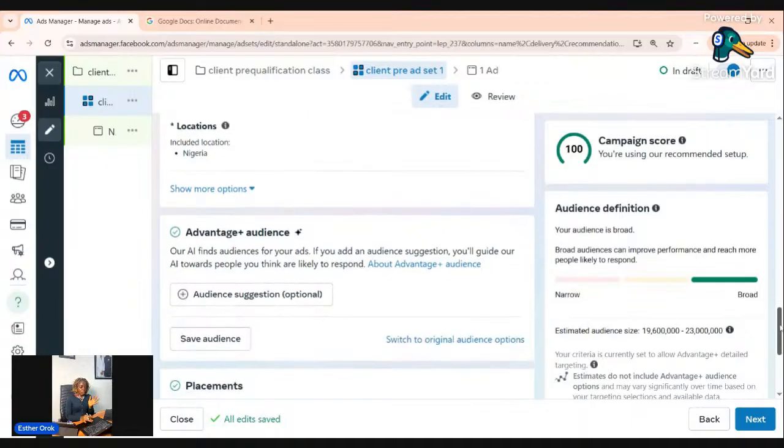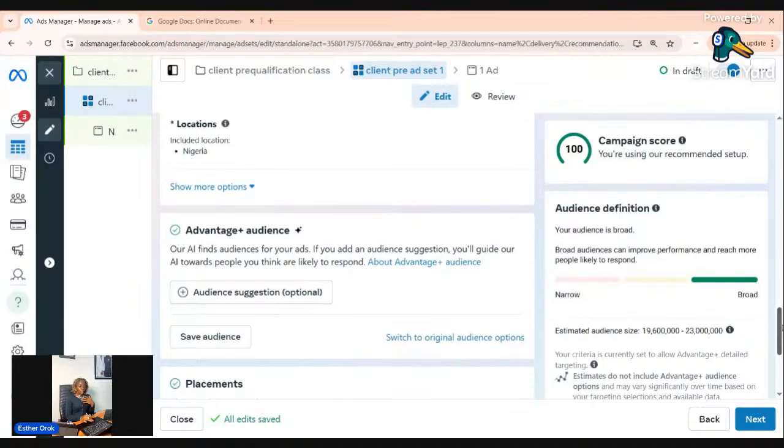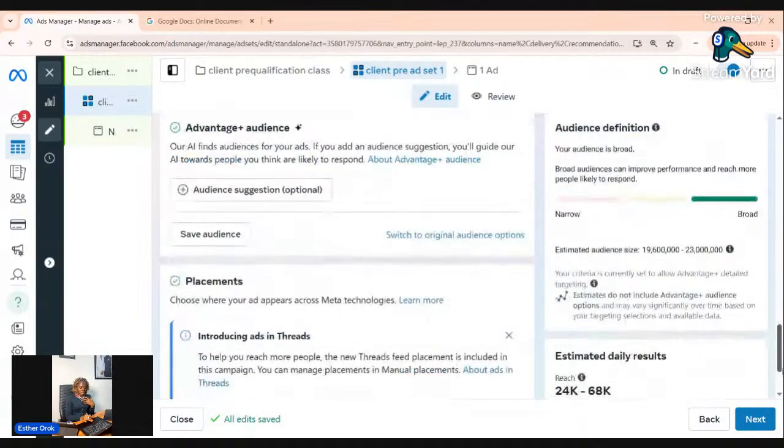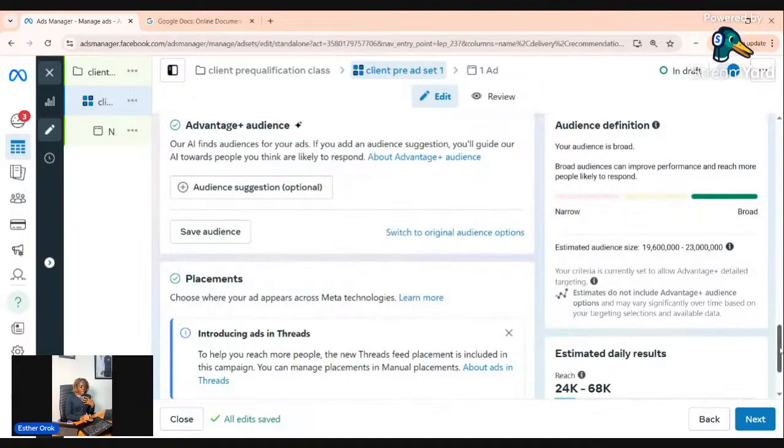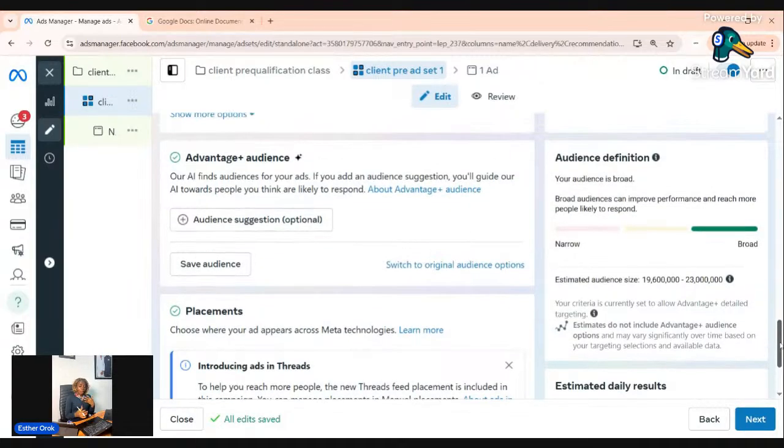We have talked about a lot of these things, audience preferences and all of that. But when it comes to audience, there's something that I want to chip in this class today, right? I want you guys to take note of this particular part of the audience.